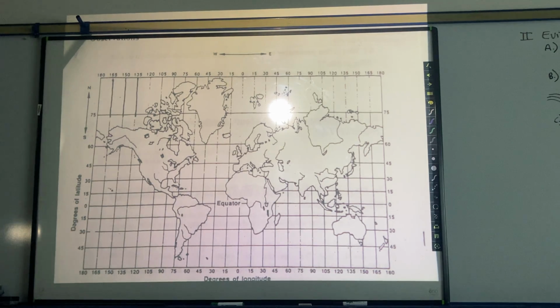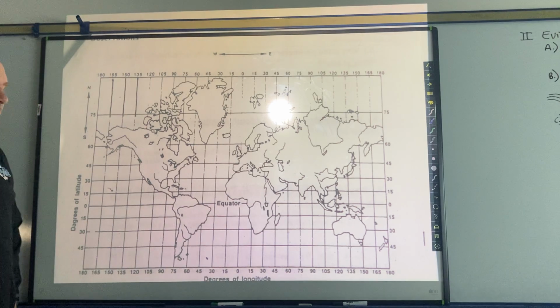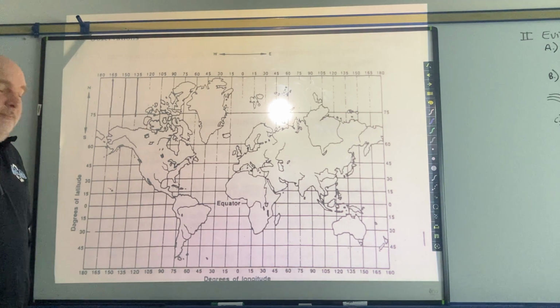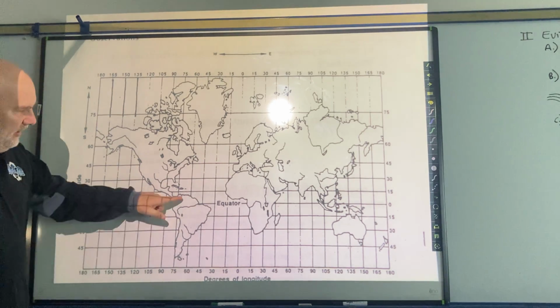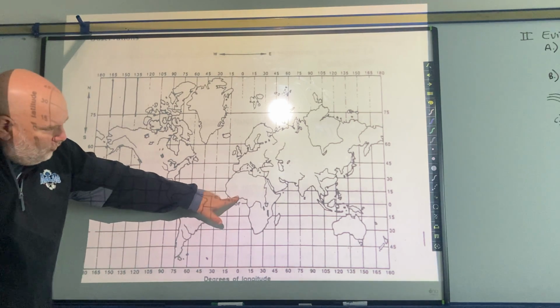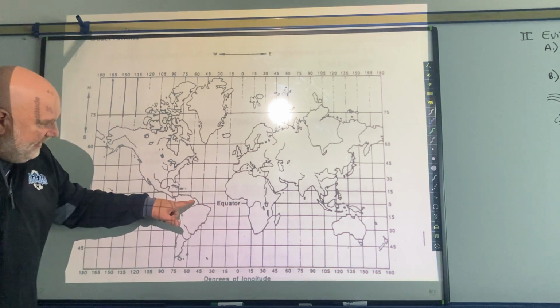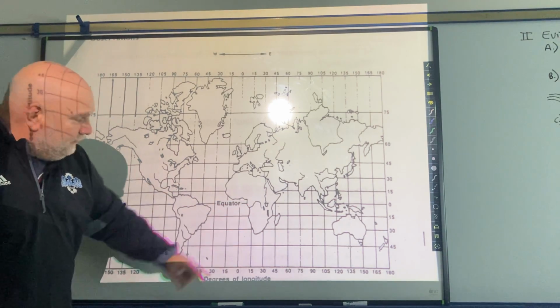All right, so we look at a map of the world here. Something that you notice is that if you look at the shape of some of the continents, they really look like they kind of match up with other continents like puzzle pieces. And the most obvious example is the coast of South America right there and the coast of Africa right there. That's almost a perfect fit in shape, all right?